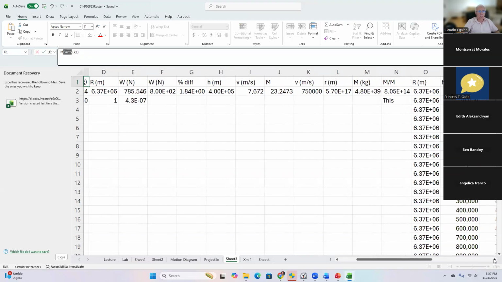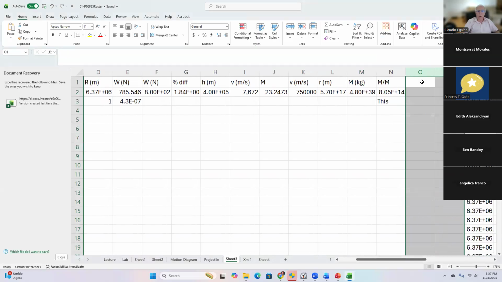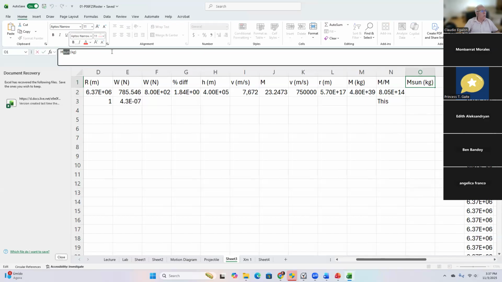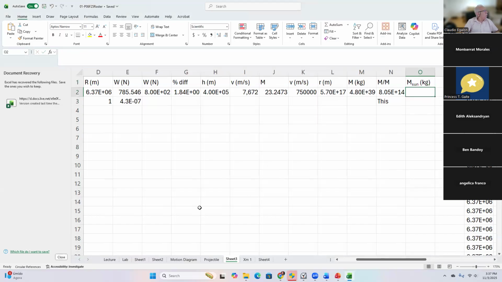Okay. And that's what I did here. I divide this mass by the mass of the Earth. And let's put the mass of the sun here, mass of the sun in kilograms, 1.989 e to the 30. Okay?